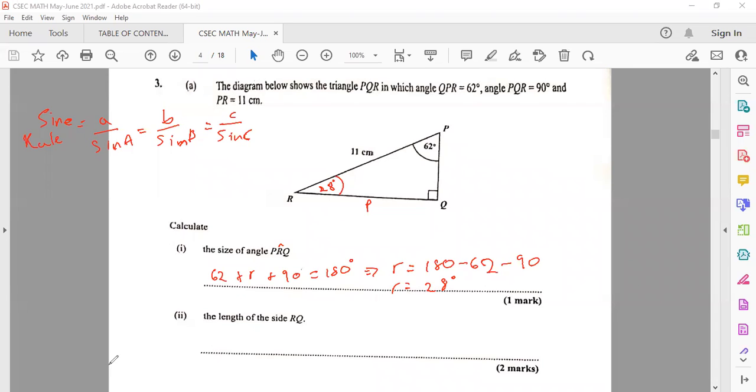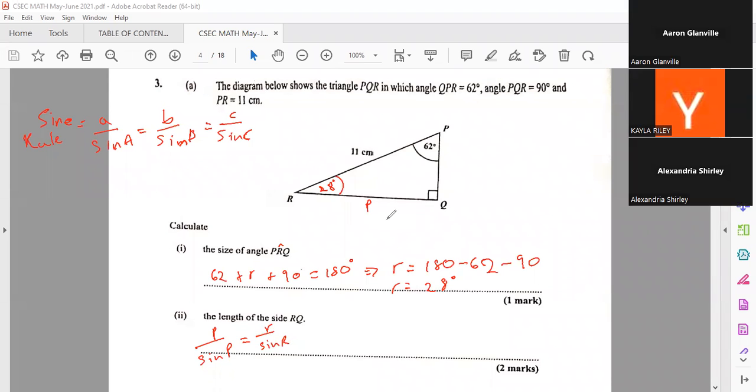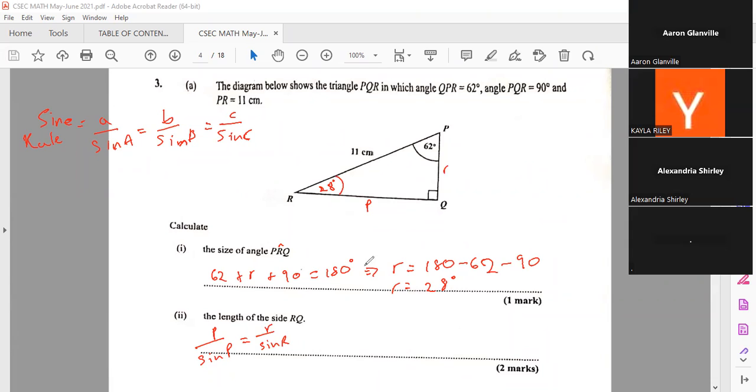It means that P over sine of capital P is equal to R over sine R, little r, which is equal to Q over sine of Q.